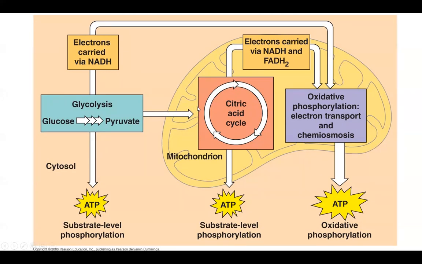Once it's ready to go, we'll insert it into the citric acid cycle and let it take its turn around, and in the meantime, we'll be collecting electrons. These electrons will ultimately make their way to the electron transport chain, where we can use a little biological current to create ATP via oxidative phosphorylation.